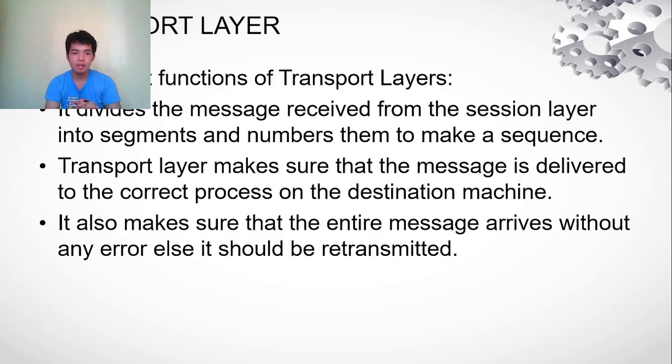And last, it makes sure that the entire message arrives without any error, or else it should be retransmitted. So it will be redone or restarted, because if the data is put into a different layer, the data would be redone and retransmitted as well.